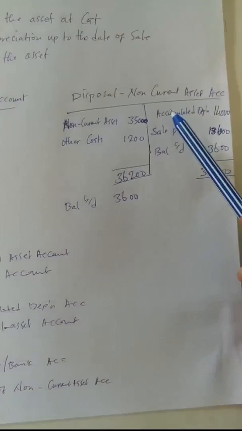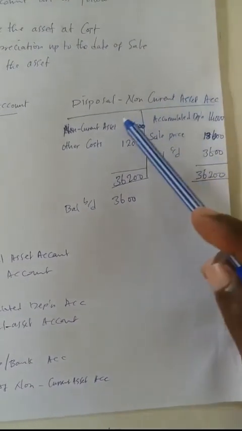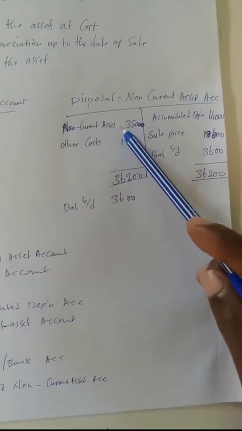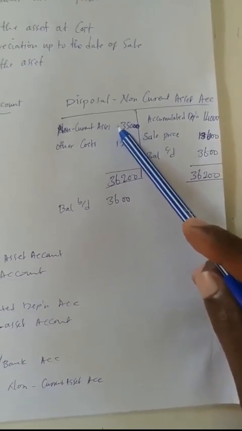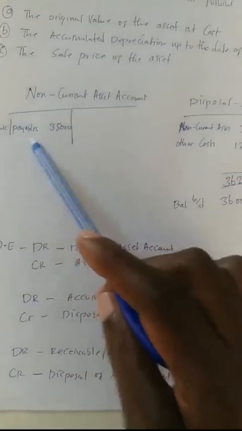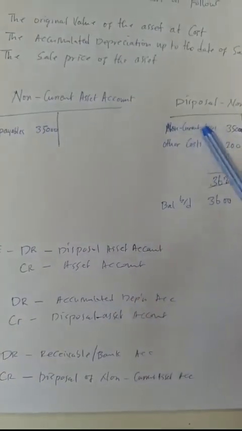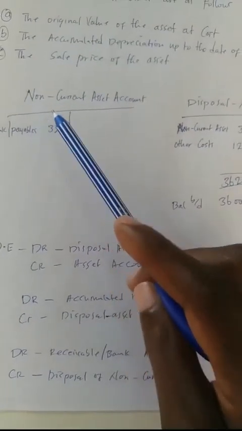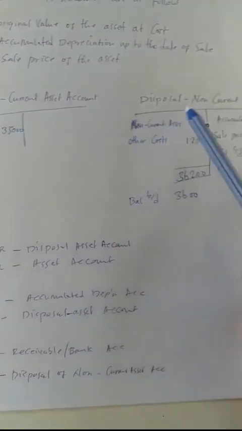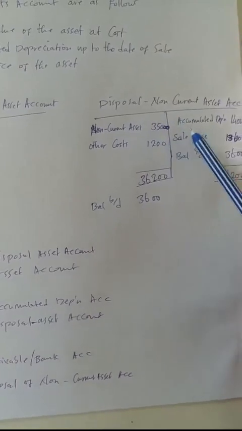Even in the disposal of non-current asset account, since it's an asset account, the cost will appear as a debit entry. There's no double entry happening between these two. They are one and the same. Whatever you debit in here, it should also be debited in here.